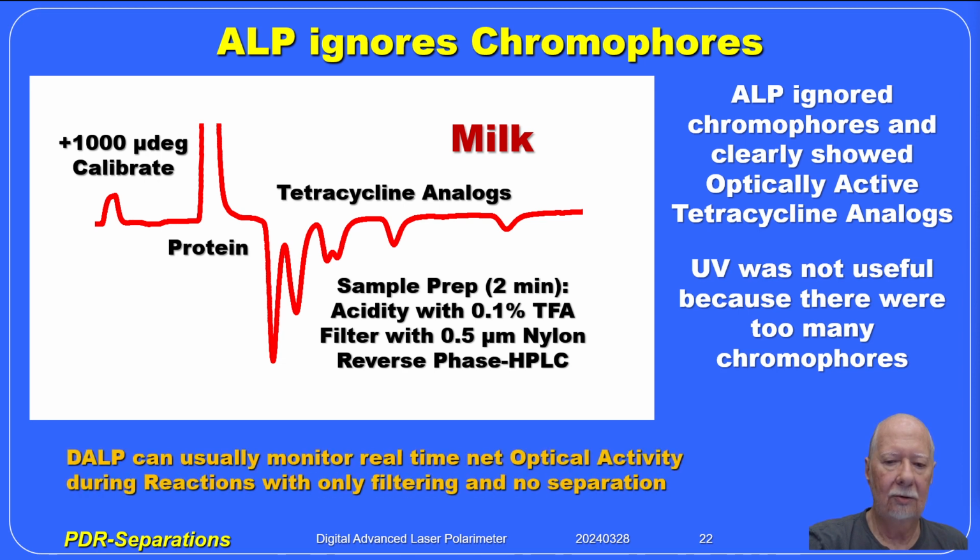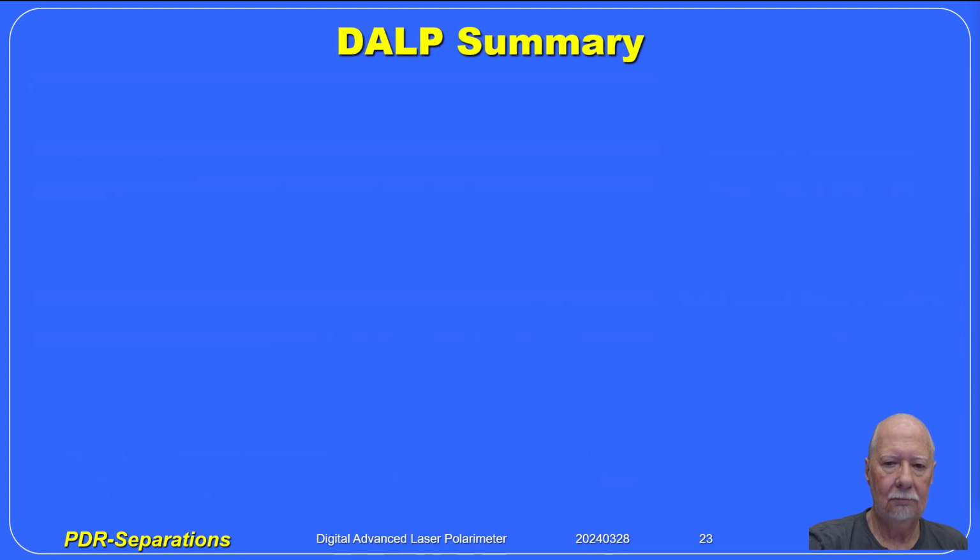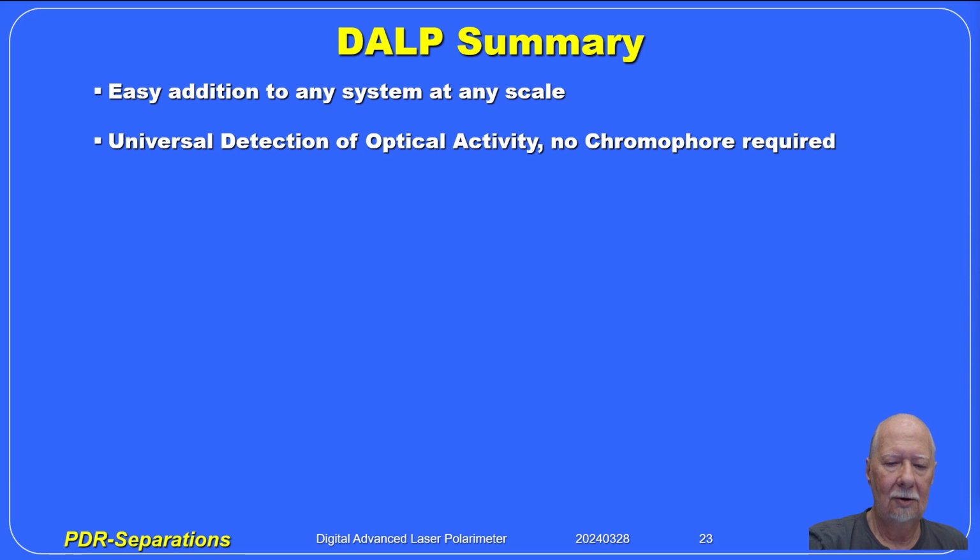Dalp can usually monitor real-time net optical activity during reactions with only filtering and no separation. Dalp summary: easy addition to any system at any scale. Universal optical detection of optical activity. No chromophore required.